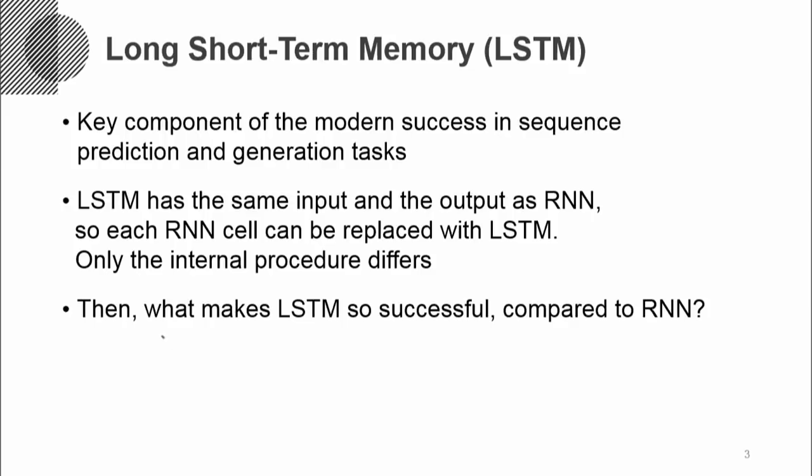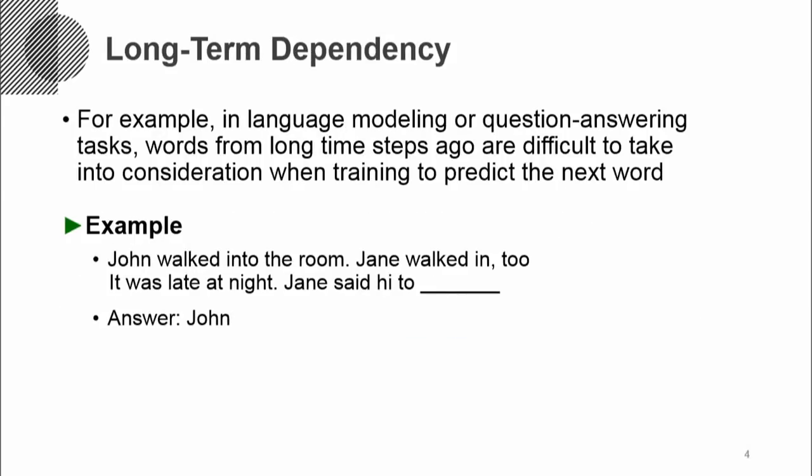And then what makes this LSTM so successful compared to the original RNN structure that we learned in the previous lecture? For example, in language modeling and question answering tasks, this long-term dependency can sometimes be a big problem.